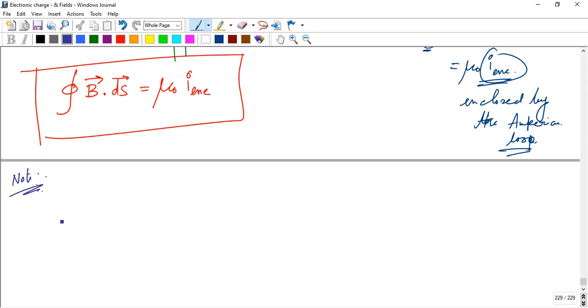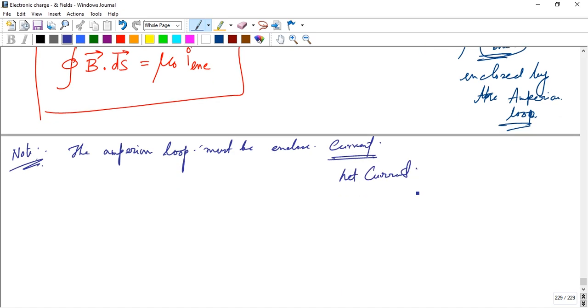Note the Amperian loop must enclose current, the net current.